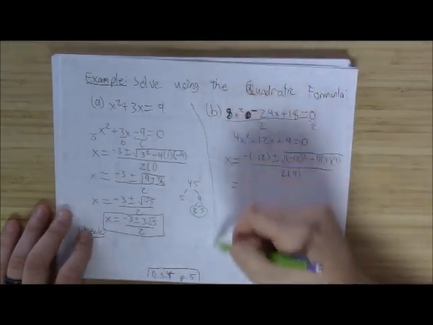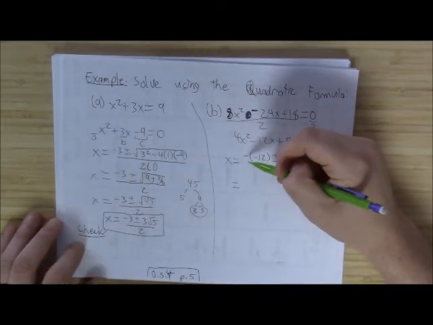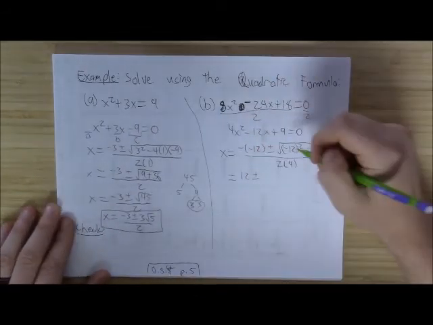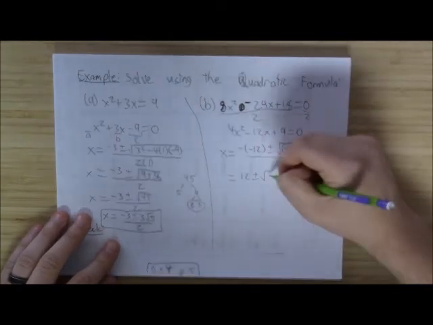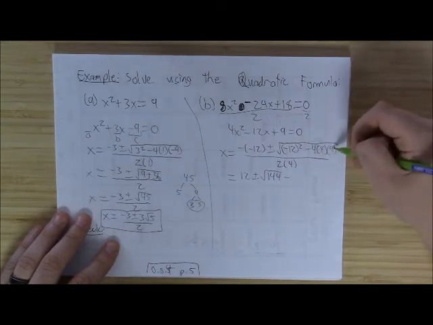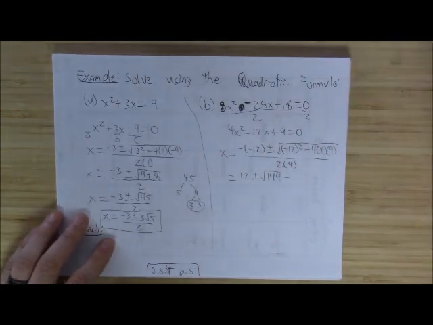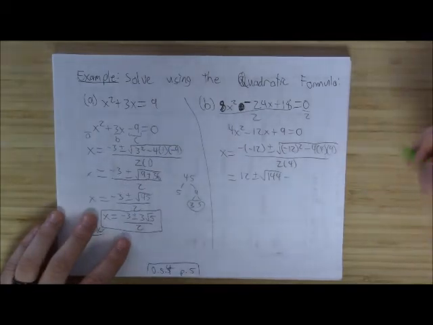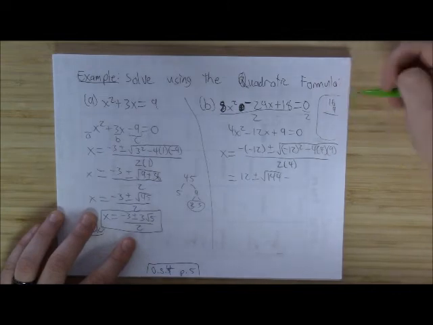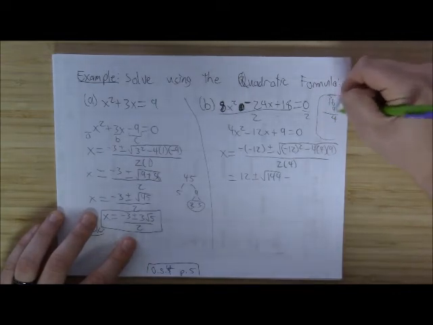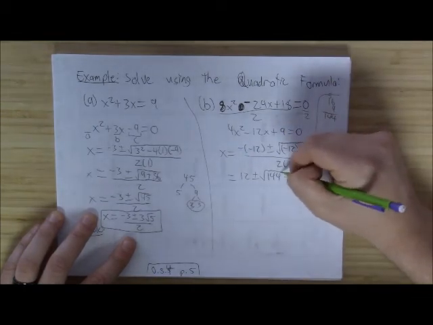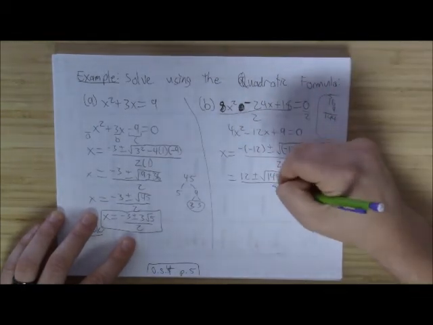Simplifying down, we have 12 plus or minus the square root of 144 minus 4 and 4 is 16, 16 times 9. Let's just do that out real quick. 16 times 9, 6 and 9 is 54. 1 and 9 is 9 plus that, so 144. Hey, look at that. That's neat, isn't it? All over 8.